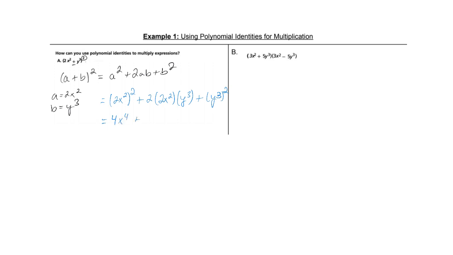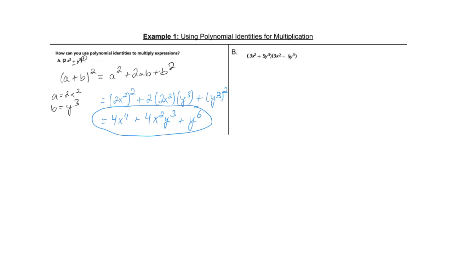Plus 2 times 2 is 4, x squared, y cubed. Plus y to the 3rd power squared is y to the 6th. All right, and that's because when you are raising a power to another power, you multiply the powers. All right, so that's our answer.